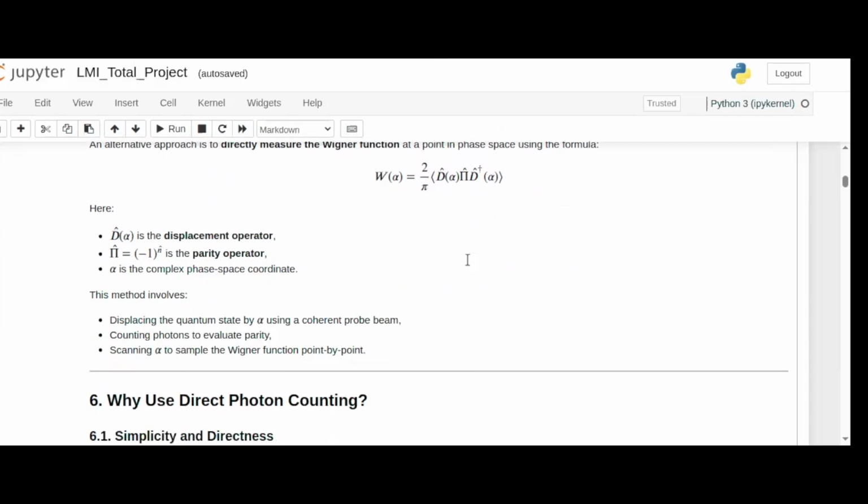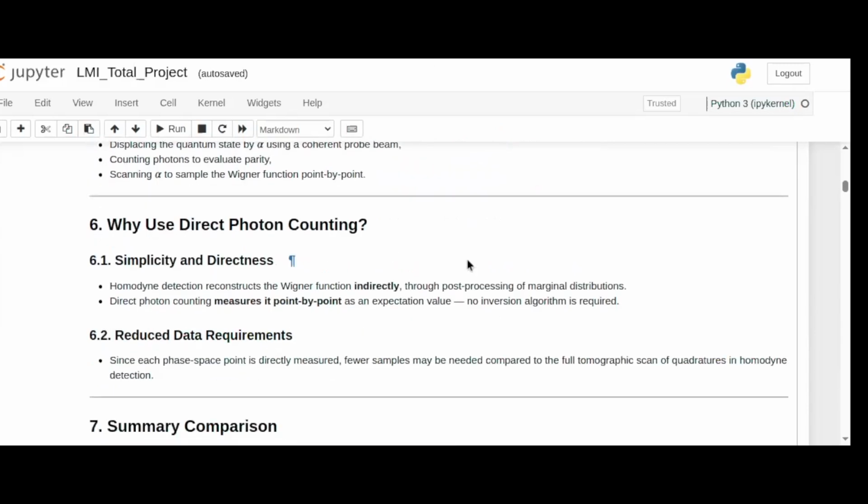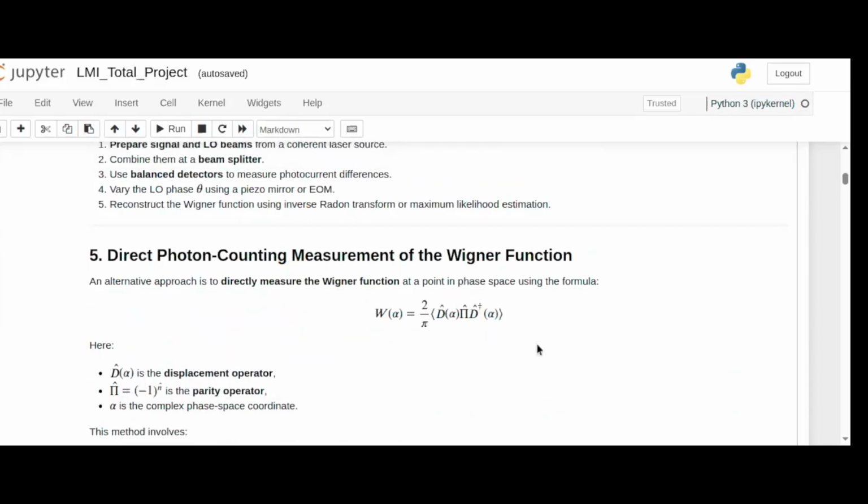So the advantage, and this is the main goal the paper is to address: the difference between homodyne detection and photon counting is that homodyne detection reconstructs indirectly, as I said previously, whereas direct photon counting reconstructs the Wigner function point by point through this mathematical operator.